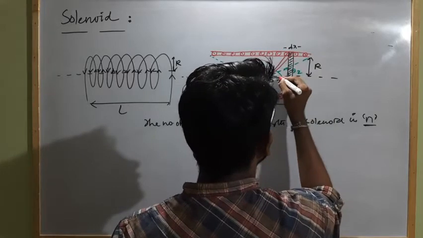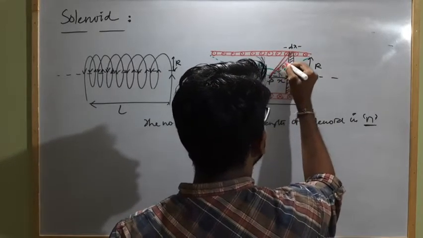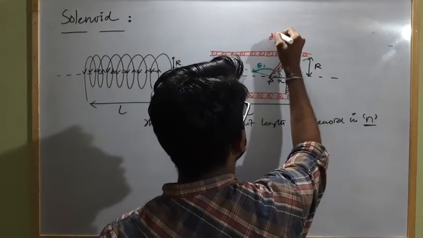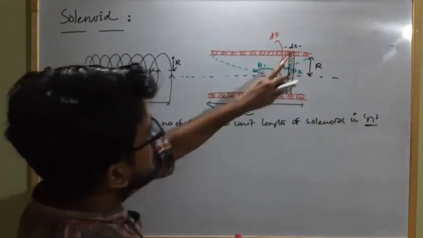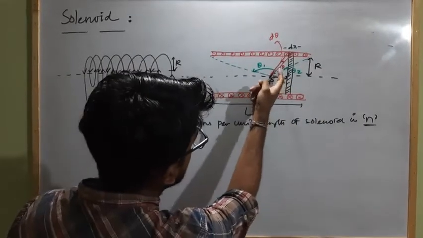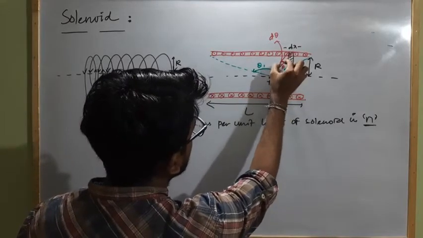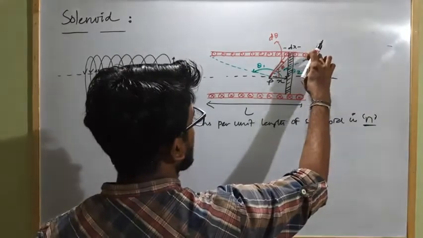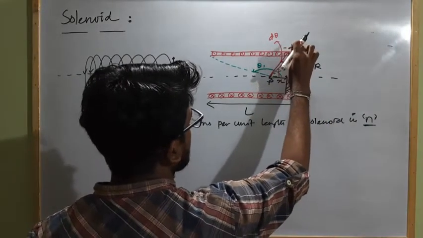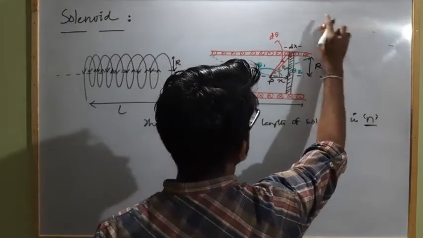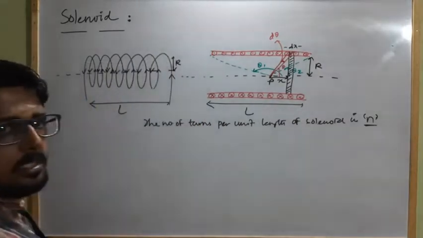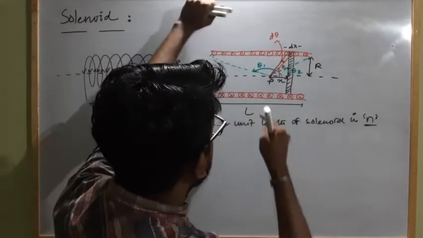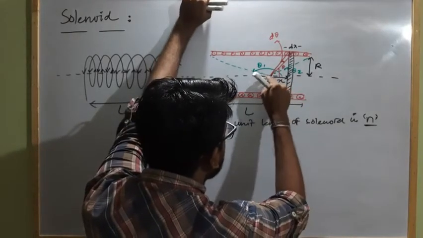This angle is theta and this small angle is d theta. Clear? So dx can be written as, this radius is r and this angle is d theta, so dx will be R d theta. Clear?